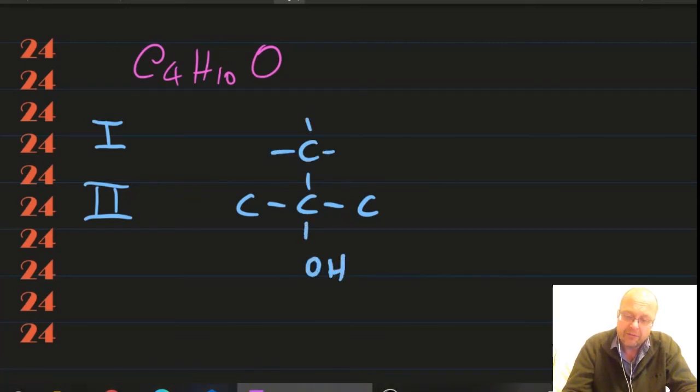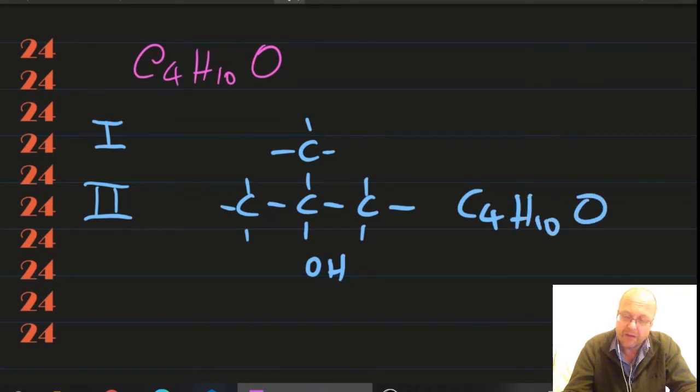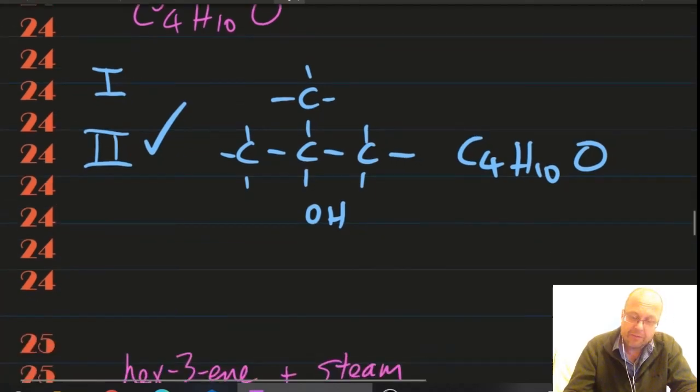Put in the hydrogens. Well, I'm just going to cheat a bit. So I've got 4 carbons, 1 oxygen, 1, 2, 3, 4, 5, 6, 7, 8, 9, and 10 hydrogens. Okay. So 2's definitely correct. Is that enough if I know 2's correct? No. Okay, the next one is butanal.